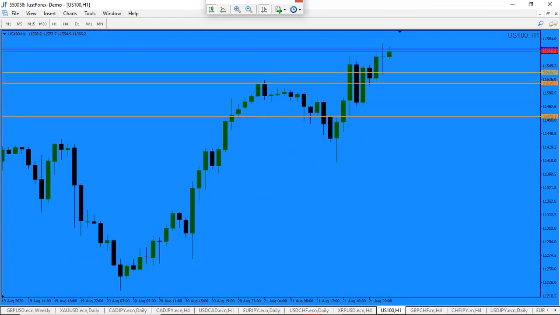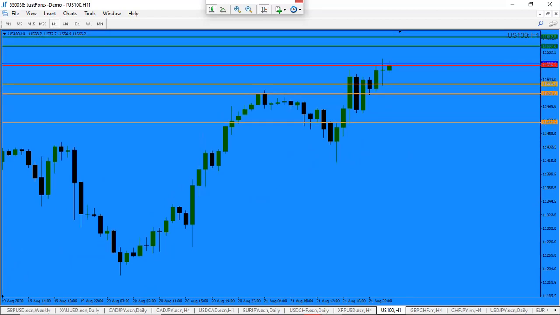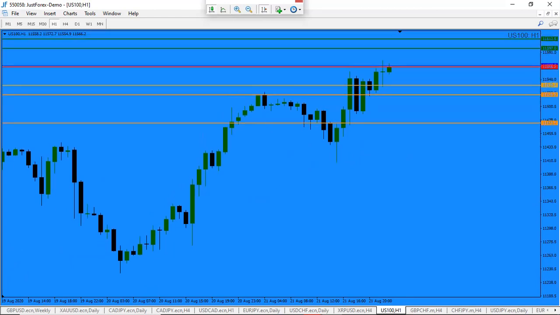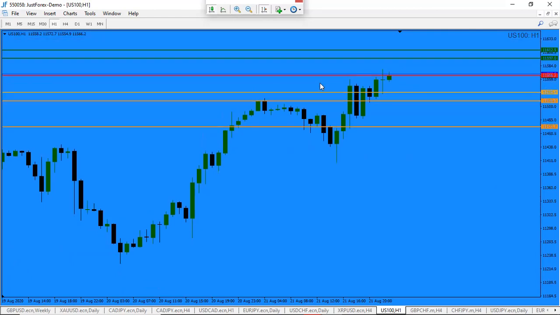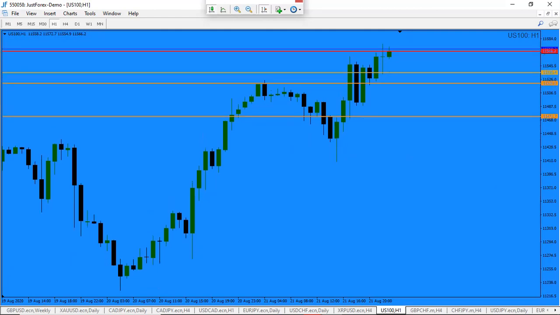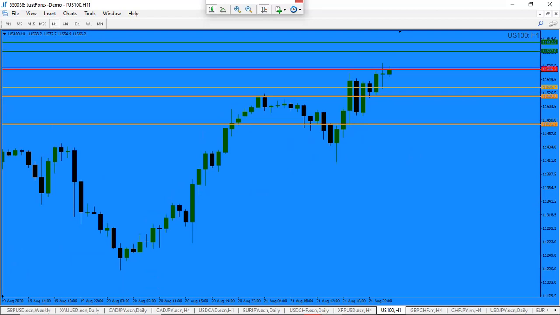So now, what exactly is the importance of these horizontal lines? On Monday, if you see the market trading above 11,566.2, you have to target long positions up to these levels.